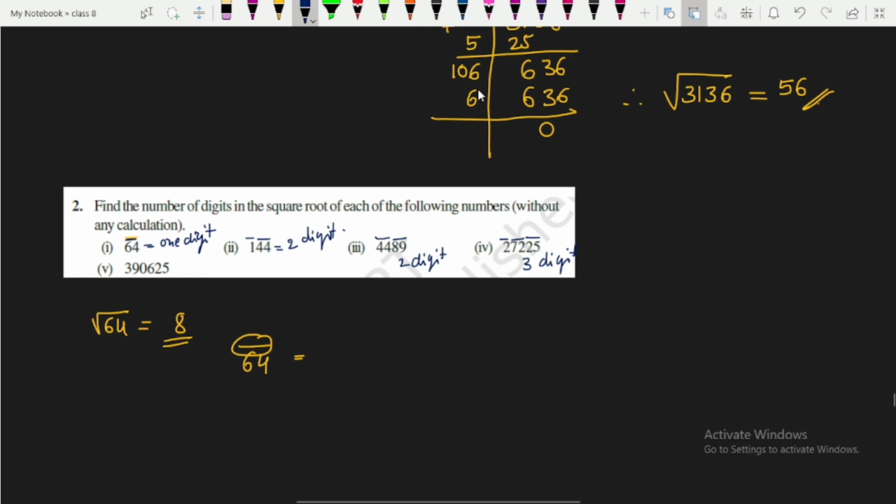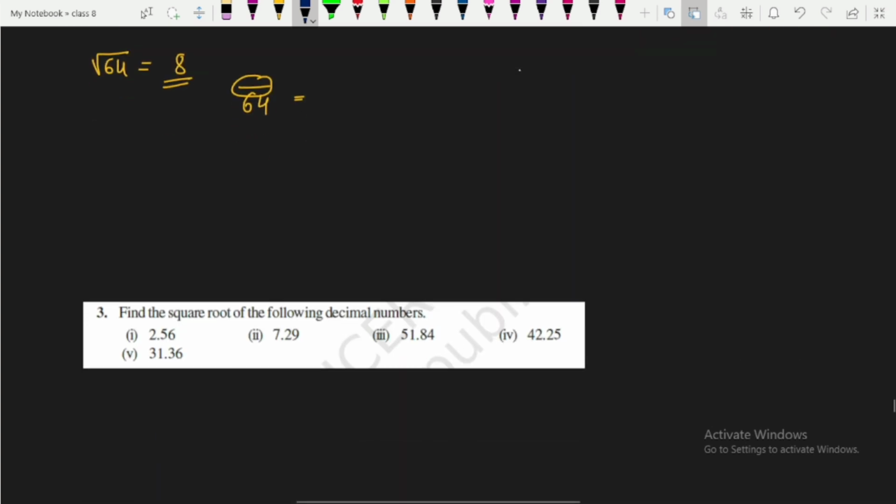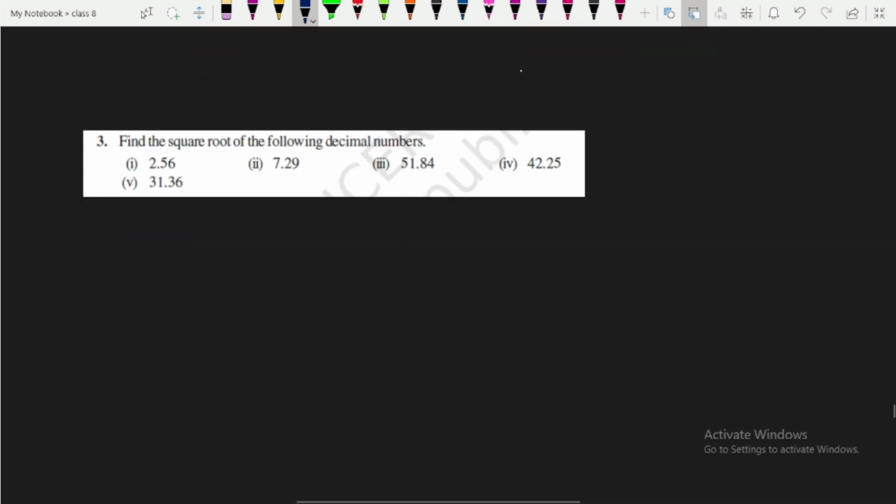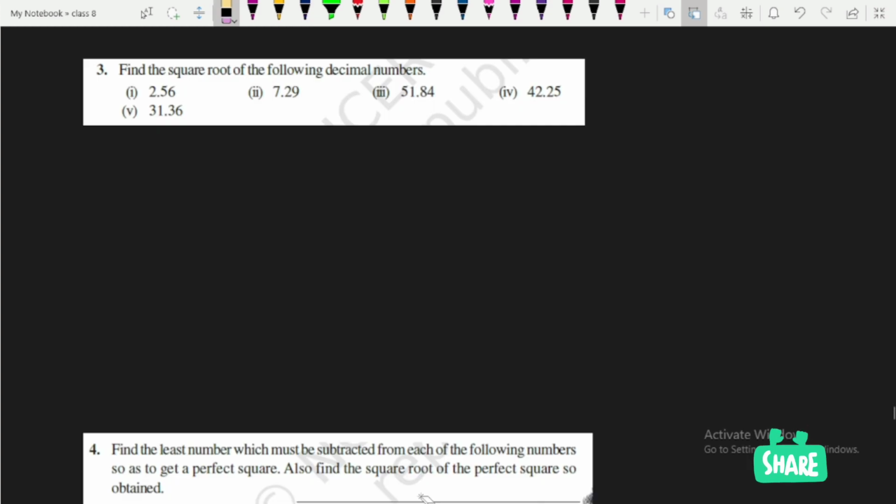Okay, so next we'll see question number third. Here also we are going to find the square root of the following decimal numbers. For example, we'll take the third one, that is, we are going to find the square root of 51.84 by the division method.